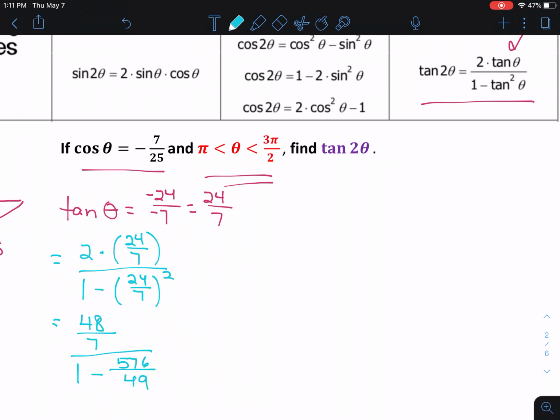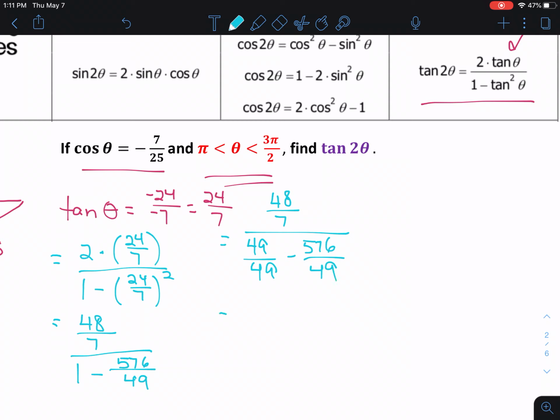All right. So let's go up here. We need to subtract these two, so I'm going to change 1 to 49/49. So we have a common denominator. And then simplify the bottom.